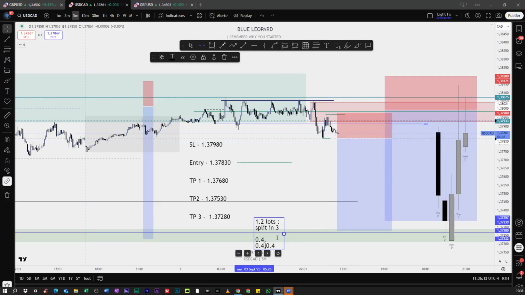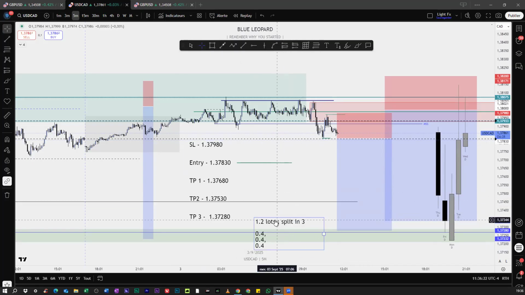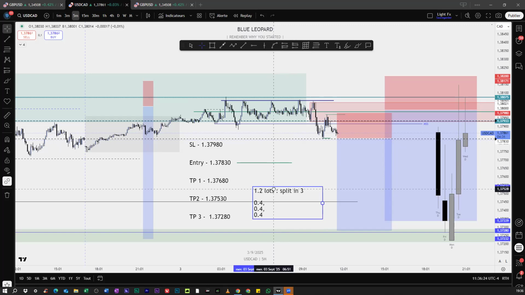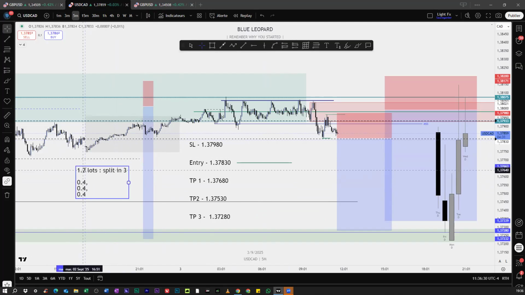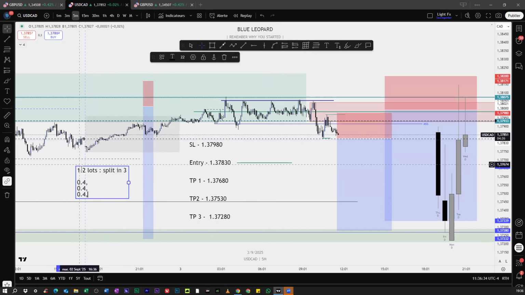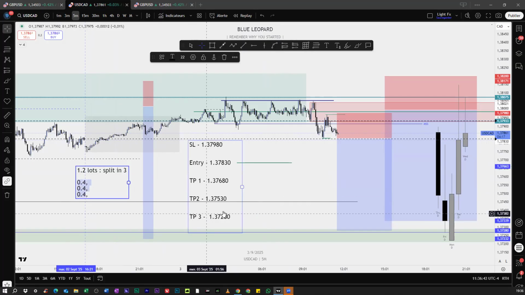Now I have 3 entries of smaller sizes, but put together, they give me the same amount. You see that? I'm not saying you should put this. I'm just saying from your calculations, you should have one lot. You can split in 2 or 1. But I'm showing you with 3 because we have 3 stop losses.